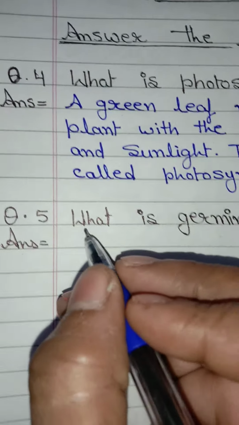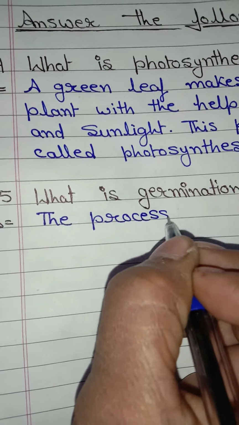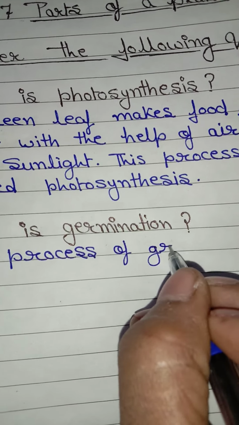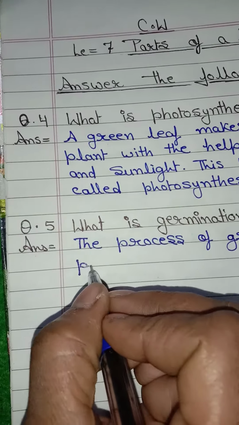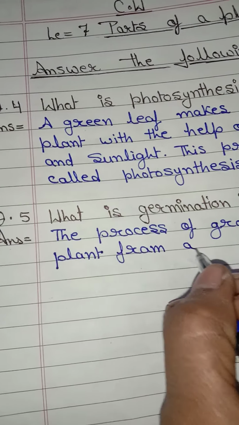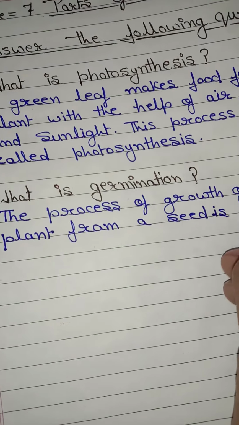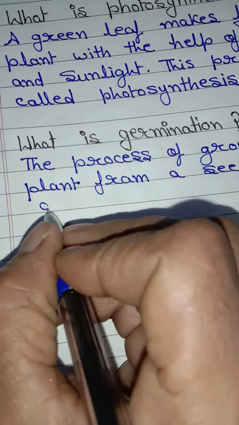Now answer. The process of growth of a new plant from a seed is called germination.